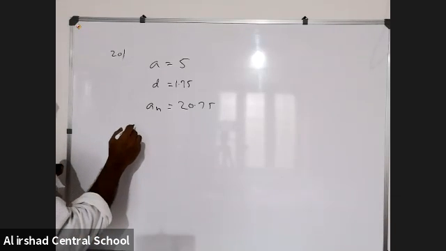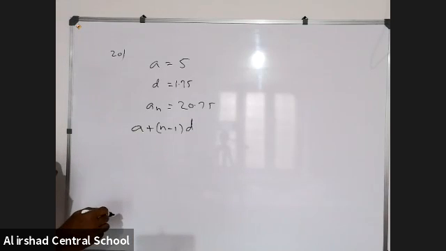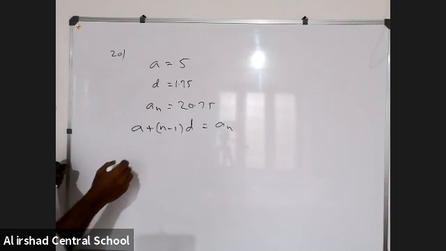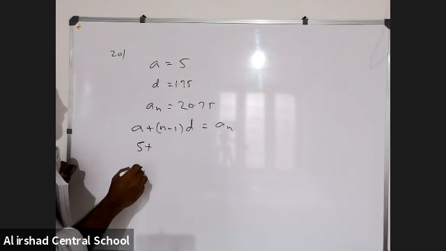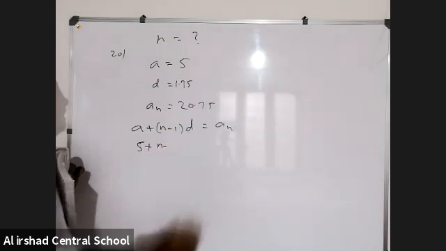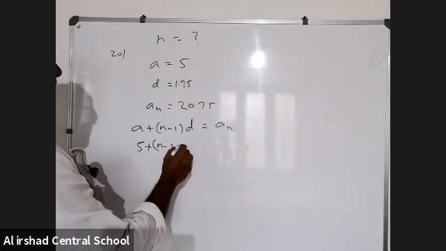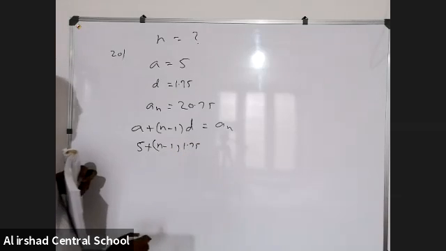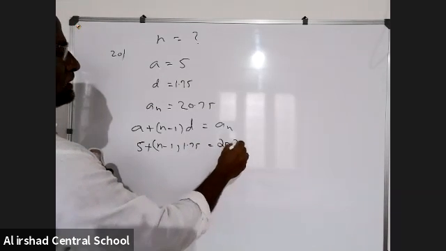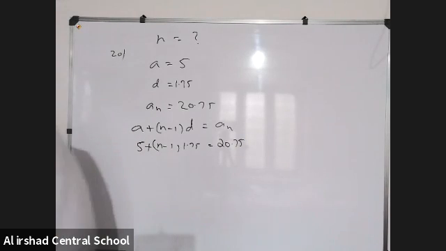You have to write the formula A plus N minus 1 into D. That means 5 plus N minus 1 into 1.75 is equal to 20.75. ഇവിടെ ഡെസിമൽ വരുന്നതിൽ ഒറ്റ വ്യത്യാസമുള്ളൂ, വേറെ പ്രശ്നങ്ങളൊന്നുമില്ല.